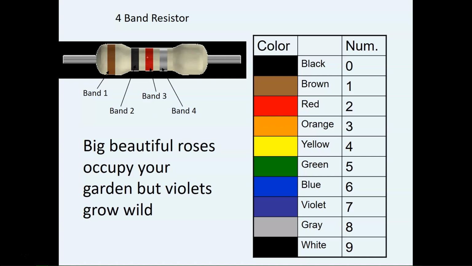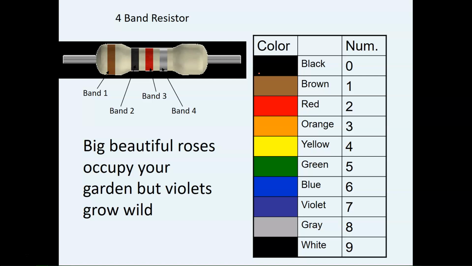For resistors, the ones most commonly used and extremely common in electronics, we have a couple of different types. What they're showing you right here is a 4-band resistor, and it should look pretty familiar because we've used them in class. And here you have a color chart that tells you what this actually means, as well as a mnemonic to remember it.